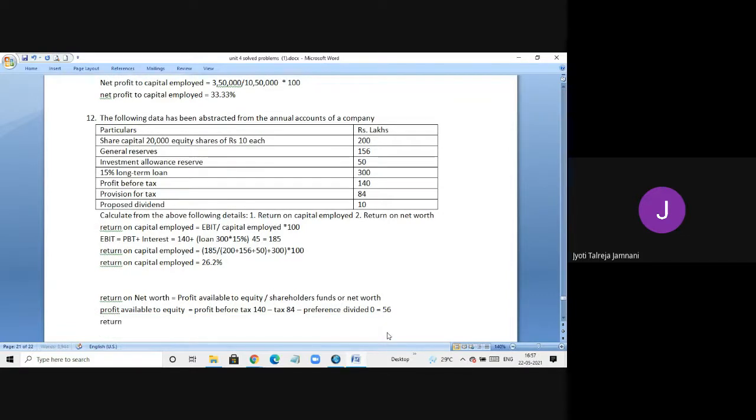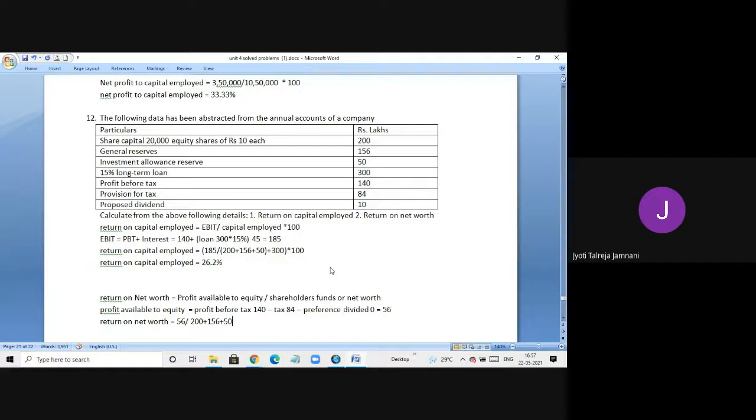So return on net worth is equal to 56, which is the profit available to equity, divided by shareholders' funds or net worth. Shareholders' funds is 200 equity capital plus general reserves 156 plus investment allowance reserves 50.